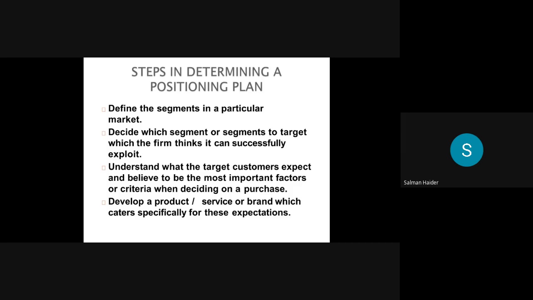First and the foremost thing is how do we define the segments? किस तरीके से हमारे segments हम नेक्स्ट उस पे डिफाइन कर सकते हैं. डिसाइड विच सेगमेंट टू टारगेट, किस पर्टिकुलर सेगमेंट को हम टारगेट करना चाहते हैं. विच फर्म थिंक्स इट कैन बी सक्सेसफुली एक्सप्लॉइटेड. देन अंडरस्टैंड व्हाट द टारगेट कस्टमर्स एक्सपेक्ट एंड बिलीव टू बी द मोस्ट इंपॉर्टेंट फैक्टर्स. किस पर्टिकुलर टारगेट कस्टमर्स को हम टारगेट करना चाहते हैं. देन प्रोडक्ट को हम किस तरीके से डेवलप करना चाहते हैं, कैसे उसको केटर करना चाहते हैं, वो सारी चीजें बहुत इंपॉर्टेंट होती हैं.